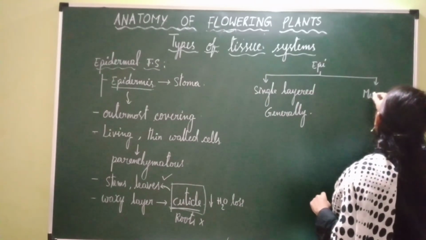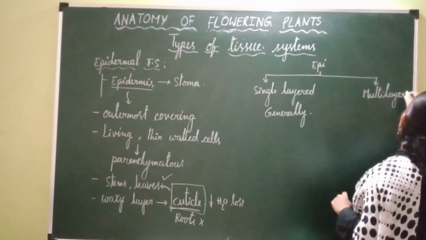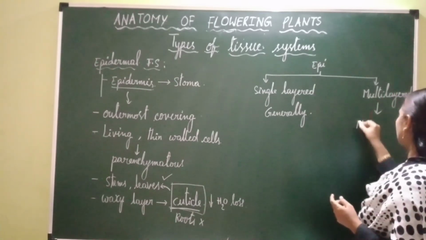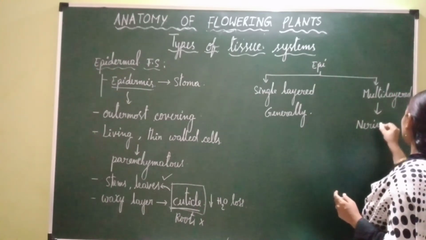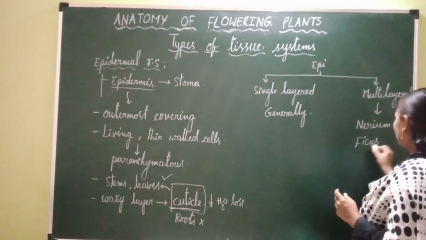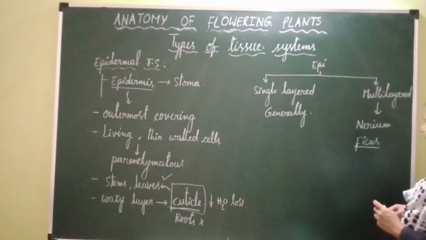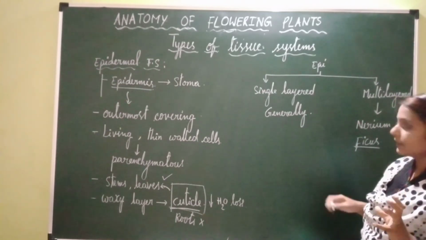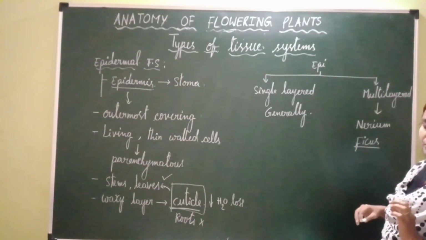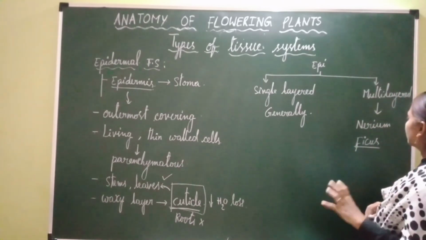It can be multi-layered in some plants, like xerophytic plants like nerium, and even in the leaves of ficus. Ficus is nothing but banyan tree. Why is this epidermis multi-layered in xerophytic plants? To reduce the rate of transpiration in xerophytes.